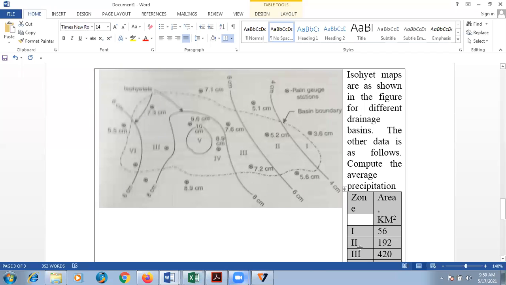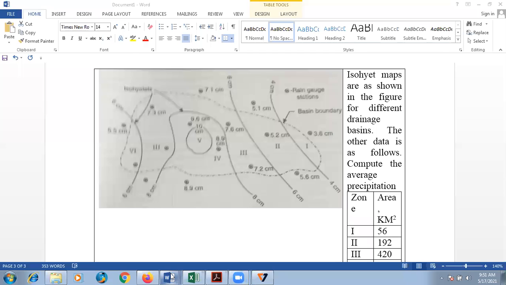Zone 1 is between an isoheight of 2 centimeter and 4 centimeter. Is this point clear? Some assumption or some understanding from the sketch has to happen. This point is clear? Yes or no? Clear? Yes, sir. Okay, clear.